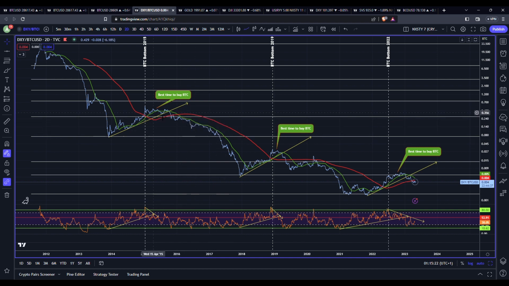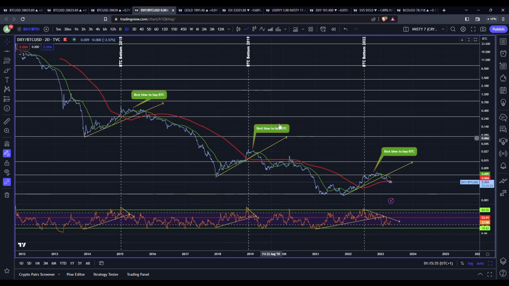This was the bottom. I used this chart to actually find the best time to buy Bitcoin. This event was in the 2015 bear market. The second one was in the 2019 bear market, and we can see that the same thing happened again.